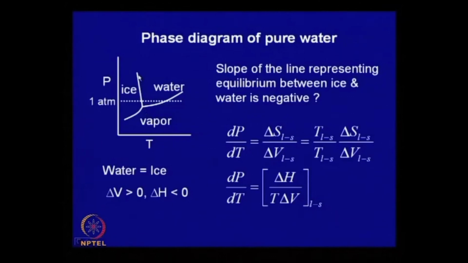Now, what happens in this case? It is possible to use this concept of free energy to derive a relationship which will say what is the effect of pressure on the freezing point of water or for any metal, and this is shown over here.